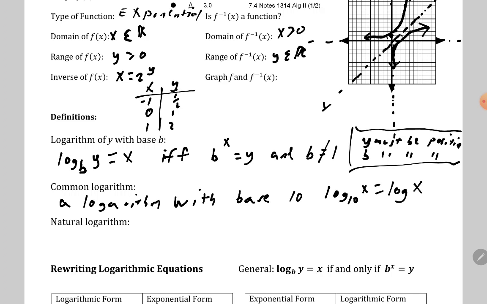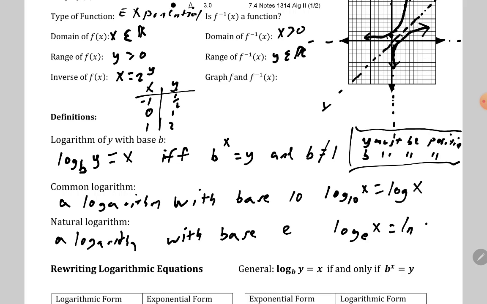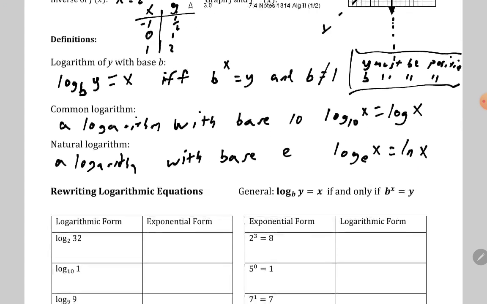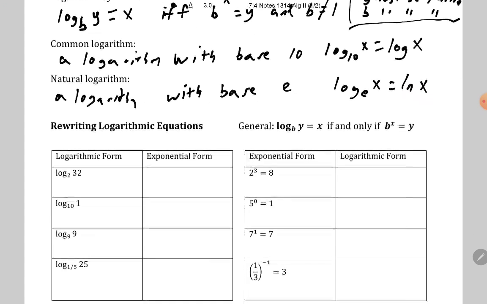Natural log. This one is a logarithm with base e. So if you wanted to write log base e of x, you would call it just ln of x. You would see that on your calculator too. You would see log, and that means log base 10, and then ln means log base e. Okay?